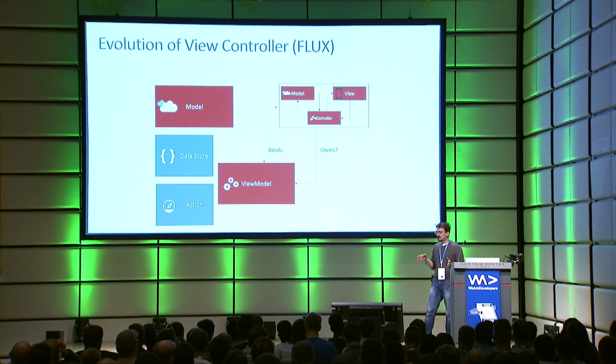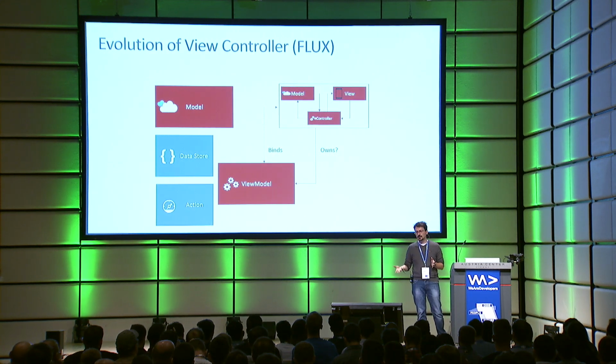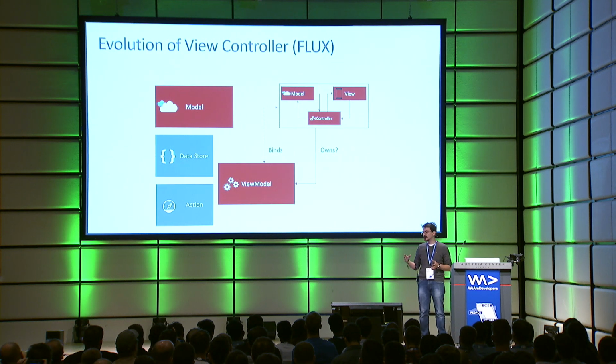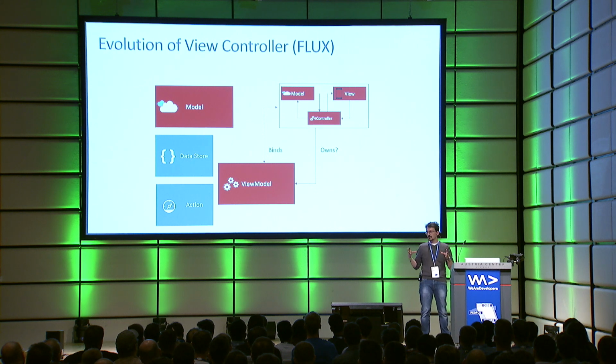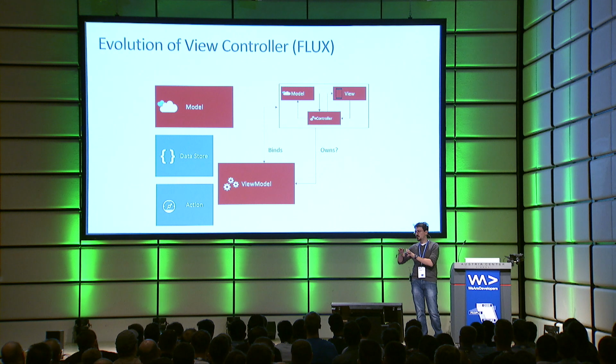So if, for example, you are dealing with a service implementation, you have a whole REST API, facade setup, and you are dealing with a huge amount of data. In this case, data store would be just a chunk of data that is specifically designed for the current view or associated views.